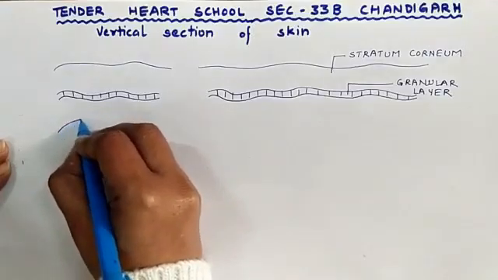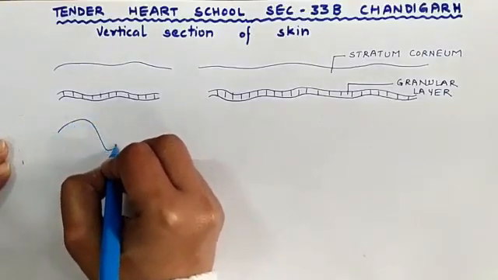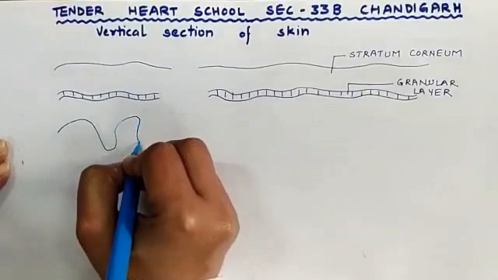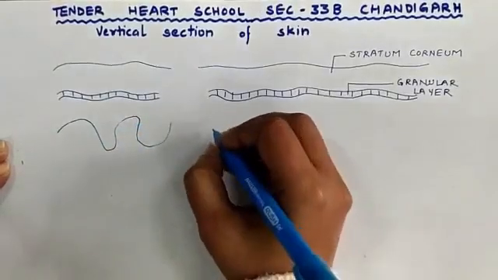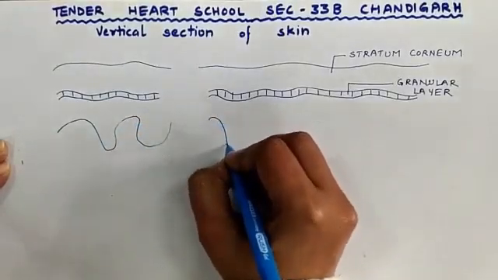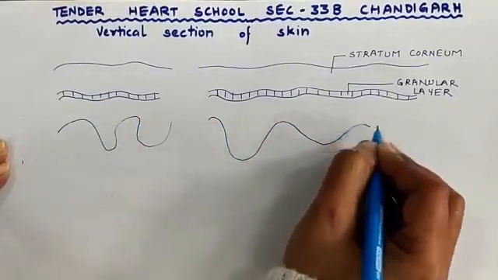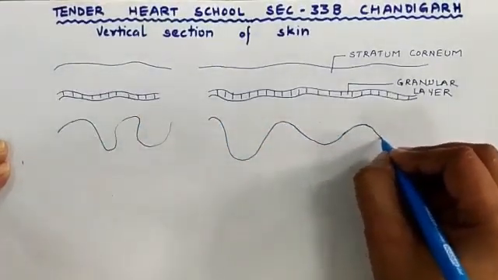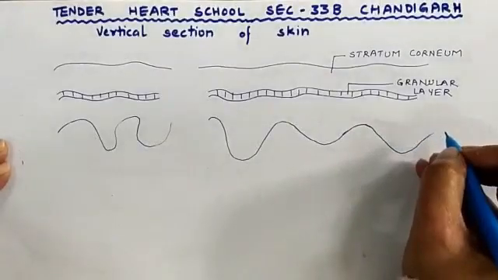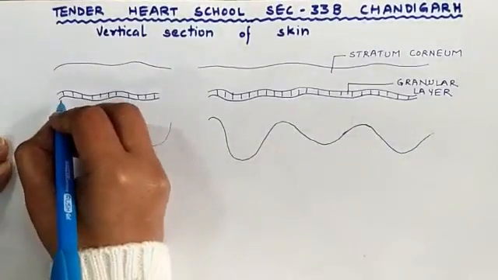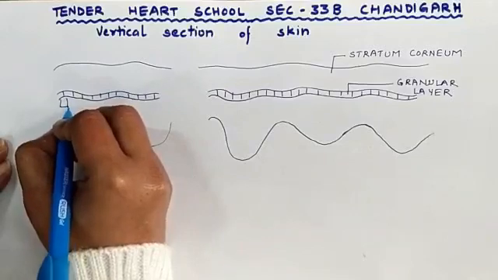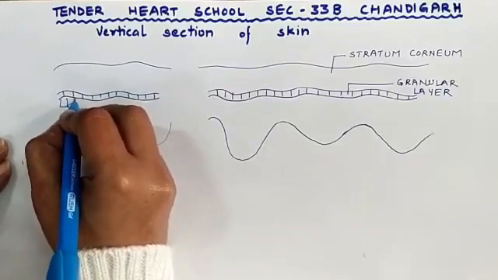The innermost layer of epidermis, that is the stratum malpighi. Stratum malpighi is having these kind of structures which are forming the papilla. So let us just draw stratum malpighi.